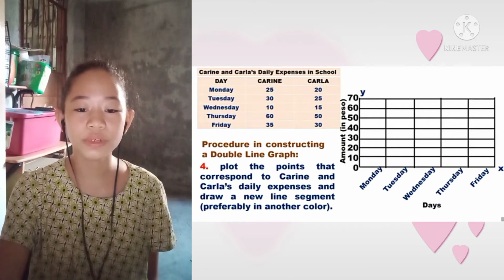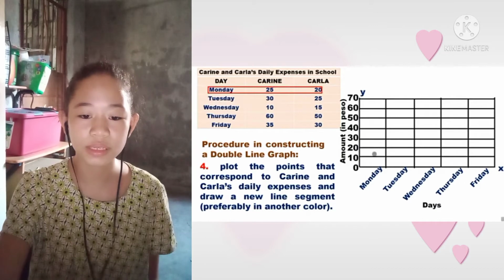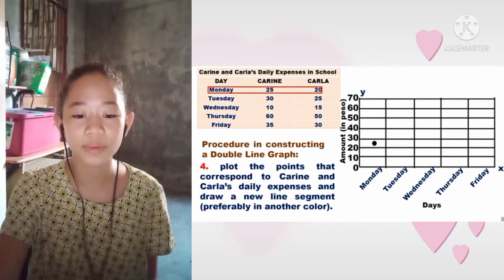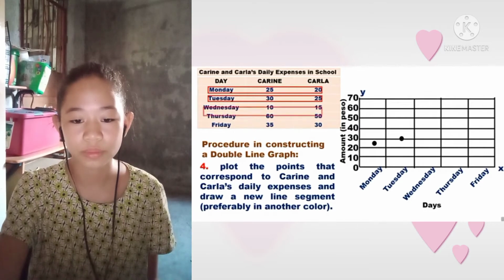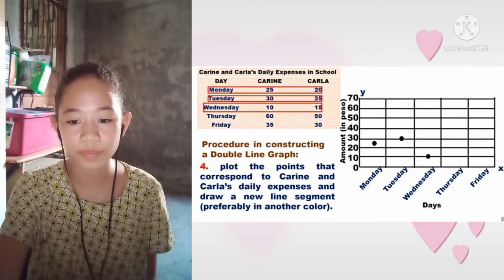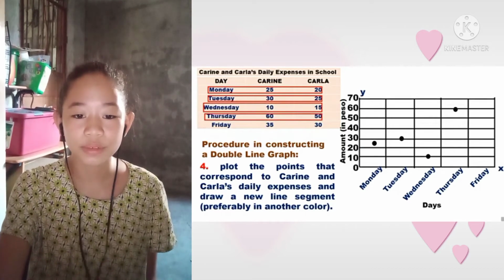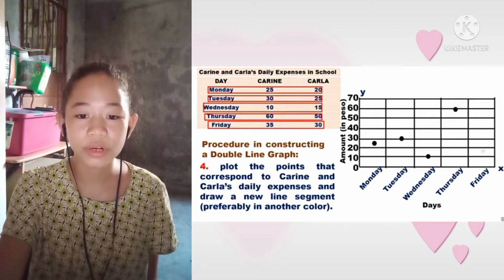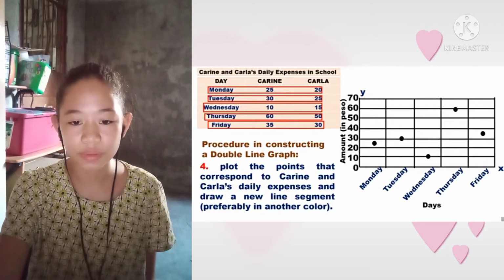Plot the points that correspond to Corinne and Carla's daily expenses, then draw a new line segment, preferably in another color. Monday, 25 pesos. Tuesday, 30 pesos. Wednesday, 10 pesos.